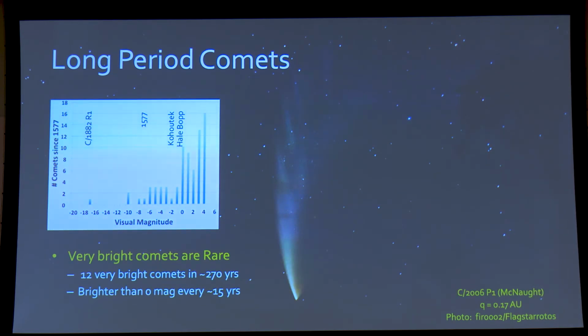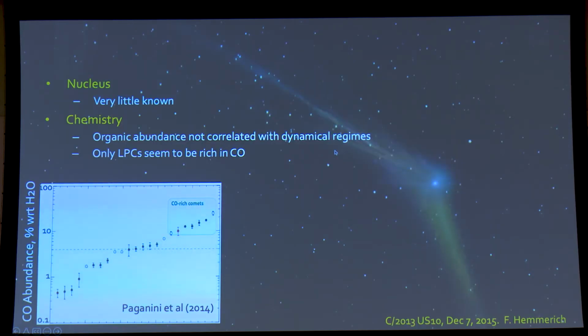It shows 12 really bright comets in almost 300 years. So you get something brighter than magnitude 0 approximately every 15 years, something that the general public might go out and notice. So because of this activity, it makes it much harder to characterize the long period comets. In terms of the nuclei, very little is known of the nuclei of long period comets.